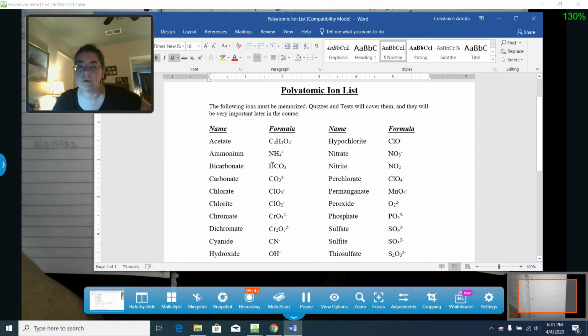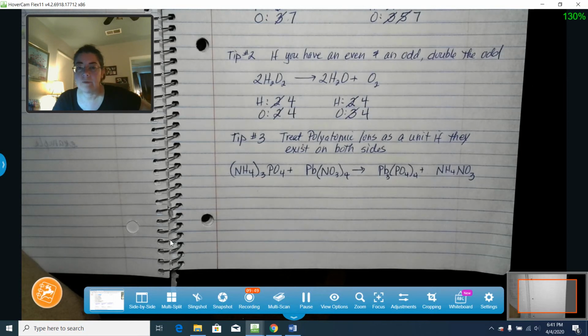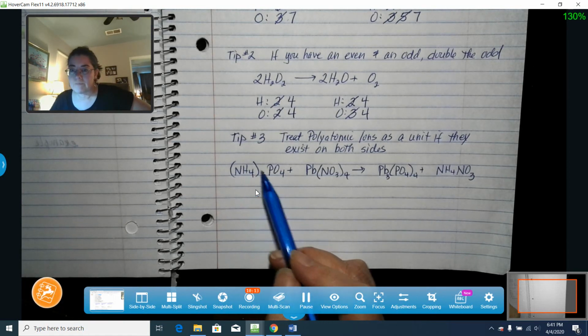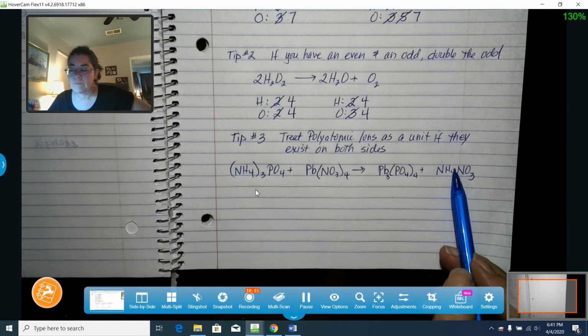If you have polyatomic ions in your chemical equation that you need to balance, then the easiest way to do this, instead of listing every single element when you're taking inventory, is to list them as a unit if they exist on both sides. For example, this is ammonium, and we have ammonium over there.